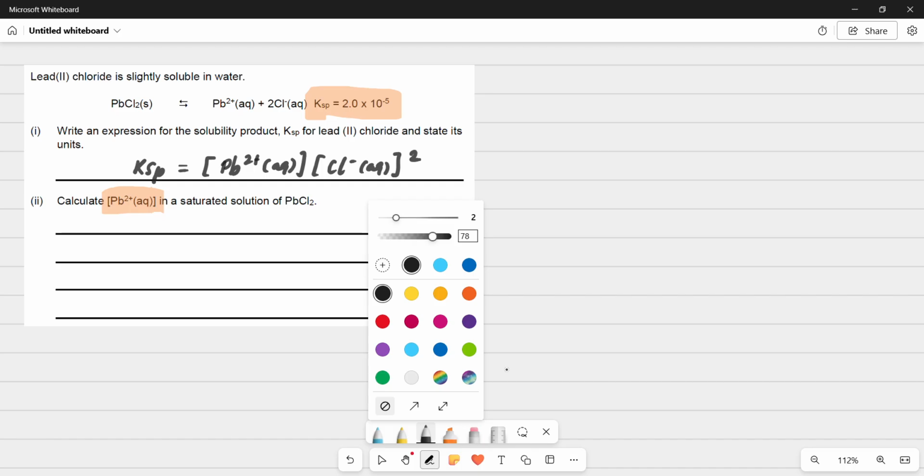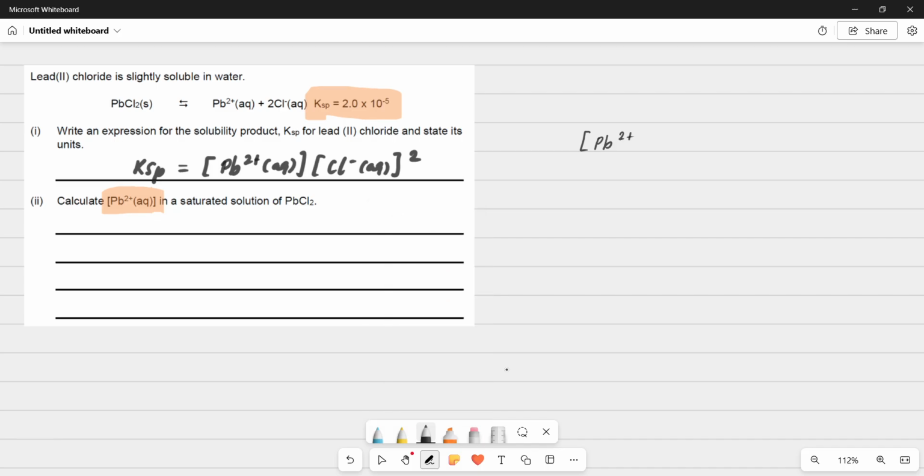If I consider the concentration of Pb2+ to be x, then the concentration of Cl- will be 2x. So we write Ksp is equal to x multiplied by (2x) to the power 2, which is equal to 2.0 × 10^-5.